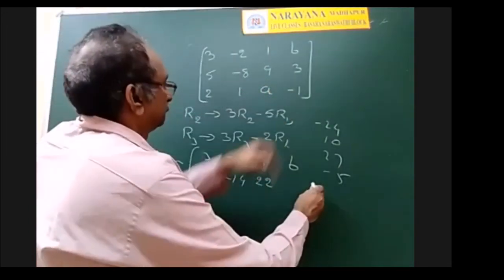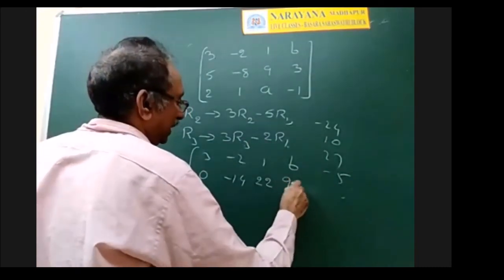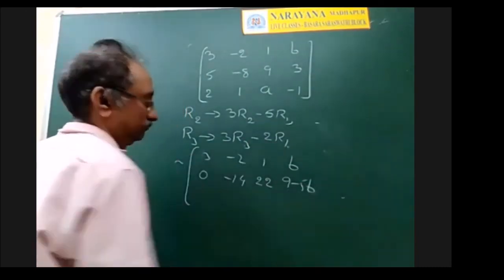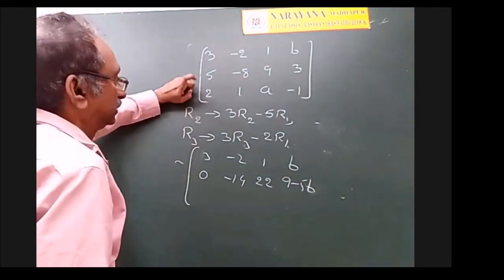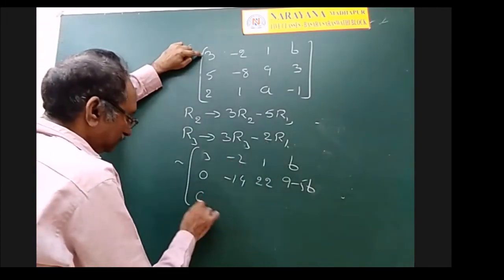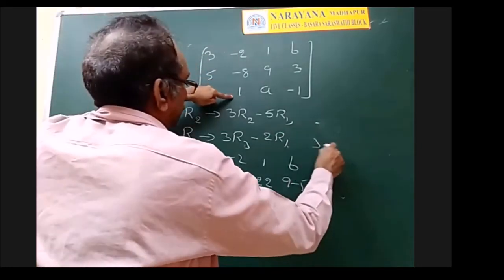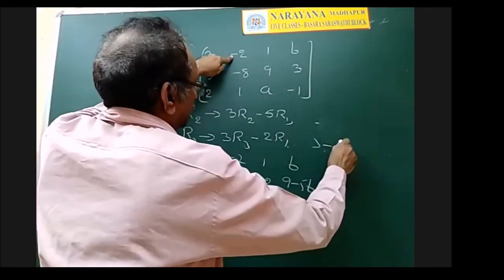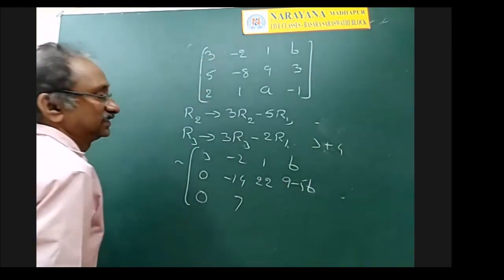3R2 means 9 minus 5b. So this is 9 minus 5b. And next one, 3R3, 6 minus 2R3, 2R1 minus 6, 6 minus 6, 0. And 3R3, that is 3 minus 2 into this. So minus 2 into minus 2 plus 4, this is 7.